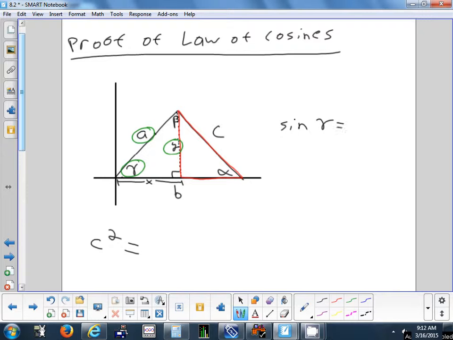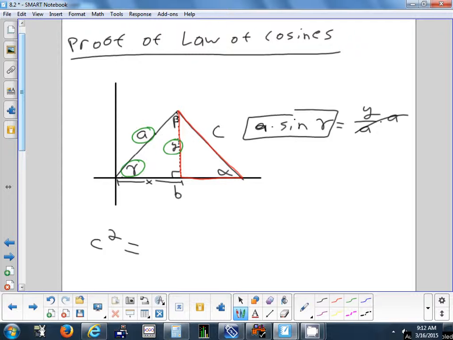So off to the side, I'm just going to write down sine of gamma equals opposite over hypotenuse, y over A. And then I'm going to solve that for y by moving A to the other side. And Justin, how would I move A to the other side? Good. Multiply both sides by A. Right, so there's my height.